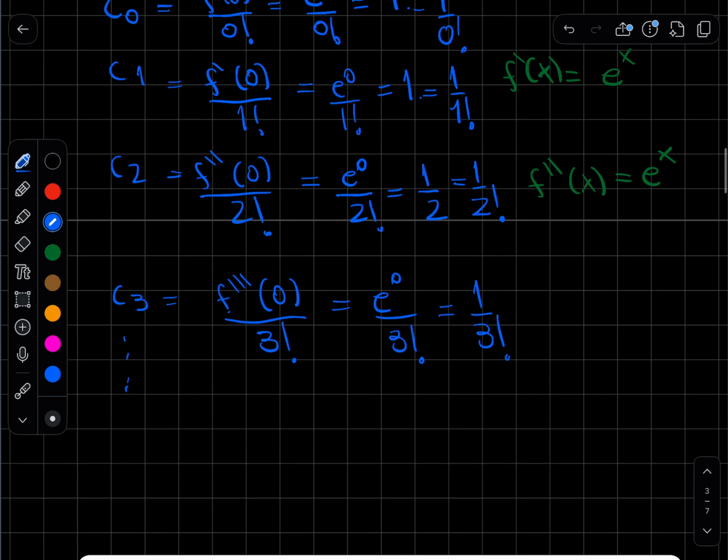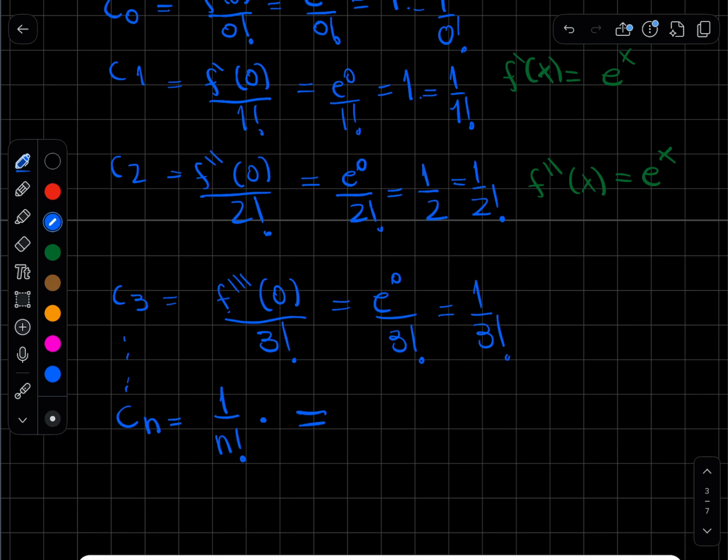So nothing less expected than Cn being 1 over n factorial every time. Taking the nth derivative and plugging in 0 gives me 1 every time.